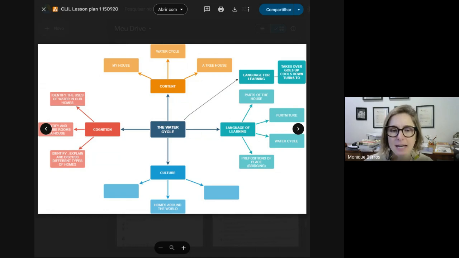Here there is all the vocabulary that they will need. See, prepositions of place, water cycle, furniture. So this is the first step, when you map all the aspects of the lesson and what must be covered in a way that you can fully explore the topic of the lesson or the content that was chosen for this lesson.